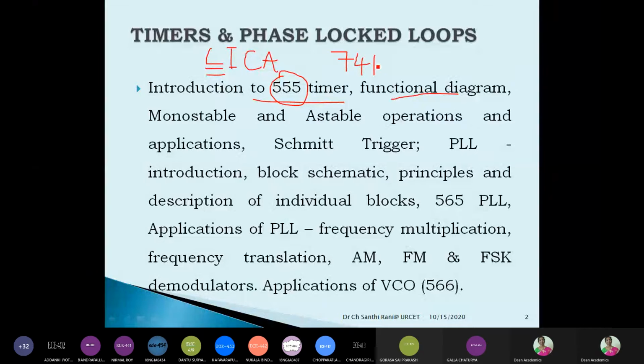All these are applications of the 741 IC. Then the triangular wave generator.